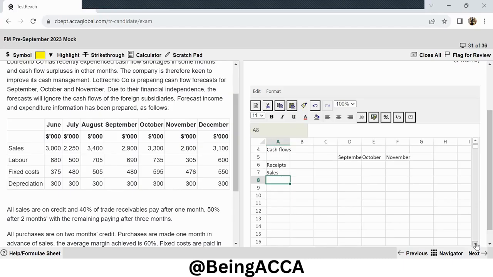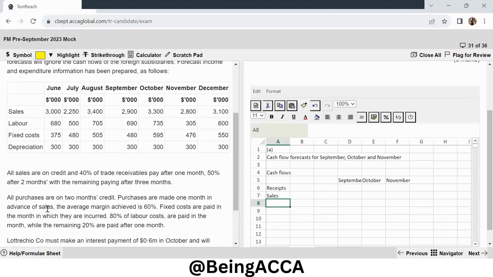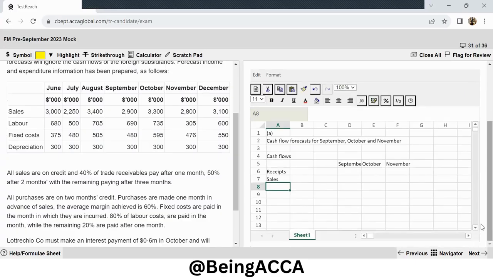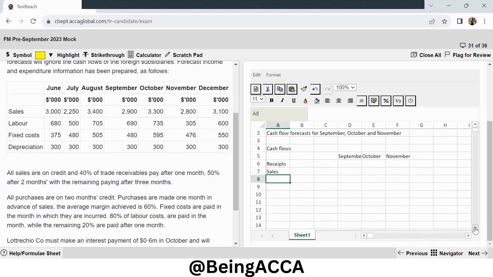At the same time, let's also prepare our working notes, because we will be needing working notes as well, since a lot of people are going to pay months and months afterwards. So let's get started with that. Maybe we can prepare a working note on the side or below this answer as well. So let's scroll down a little bit and write workings over here.